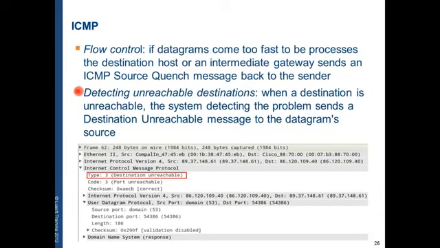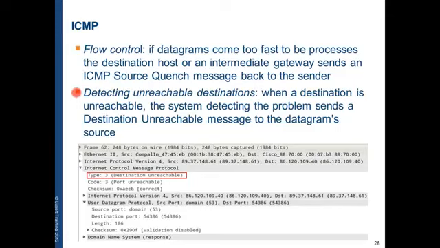Another case when we use ICMP is to detect unreachable destinations. When a host sends a message and does not know the destination, it sends it to the default gateway. I will detail this process when we reach the routing table, I think tomorrow.